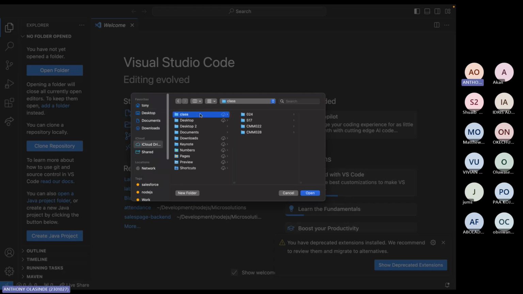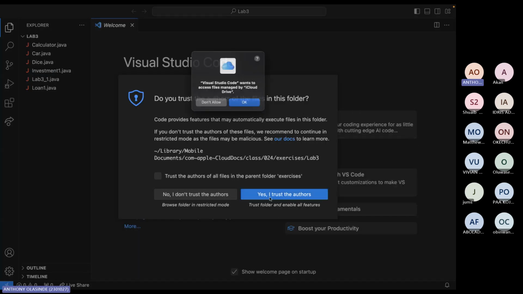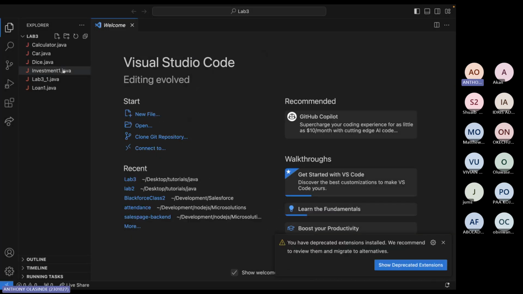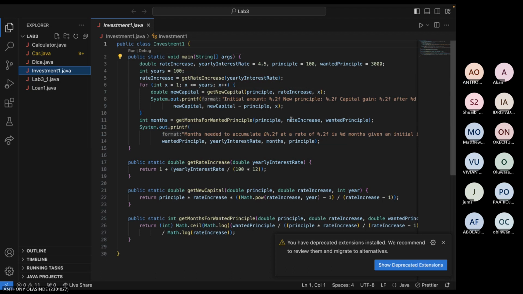So investment, I just need new capital. Okay, this is actually increasing. This is 100 years.